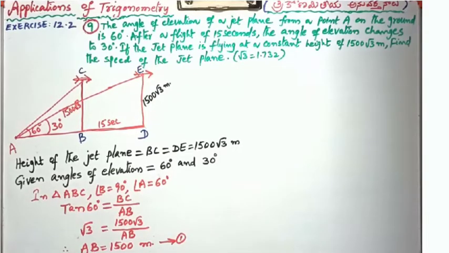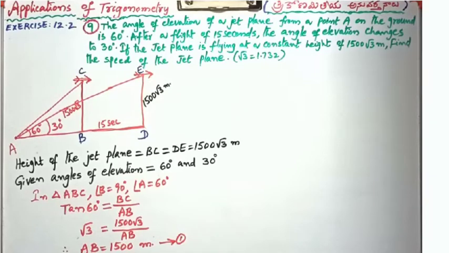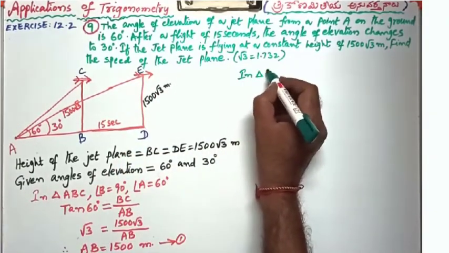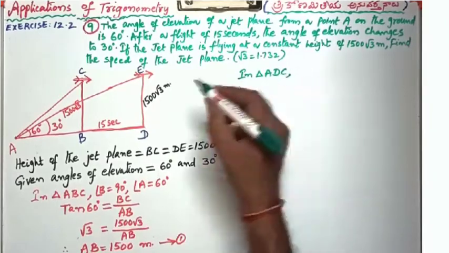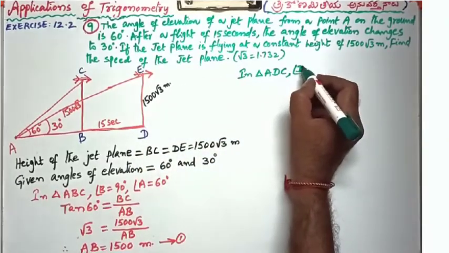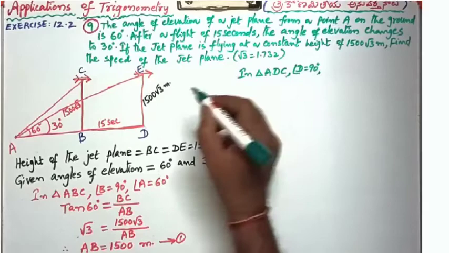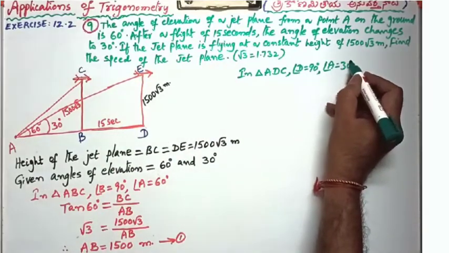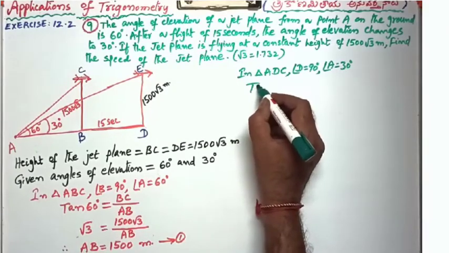And next take a second right angle triangle. In triangle ADE, angle D is equal to 90 degrees, angle A is equal to 30 degrees. Again take a trigonometric ratio.